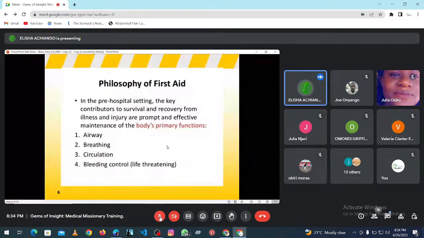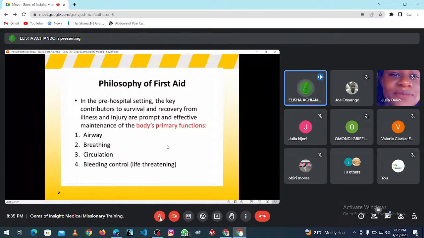You guys know that you can't survive without oxygen. That targets the breathing, the circulatory, and even the airways. You know you can't survive without the blood supply of oxygen to all the parts of the body, mostly to the brain.